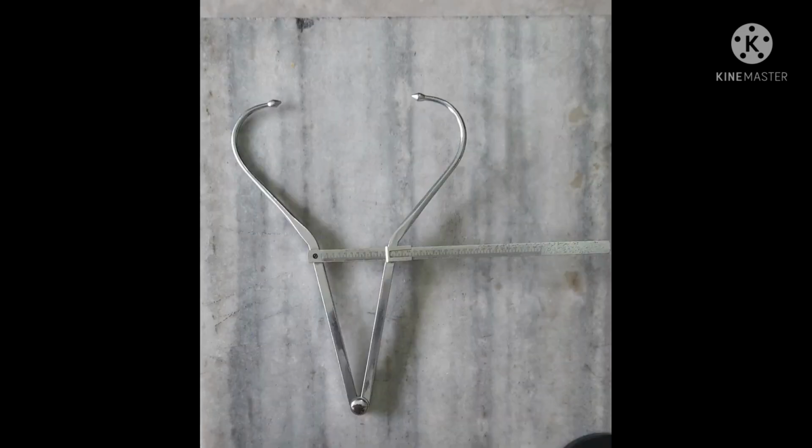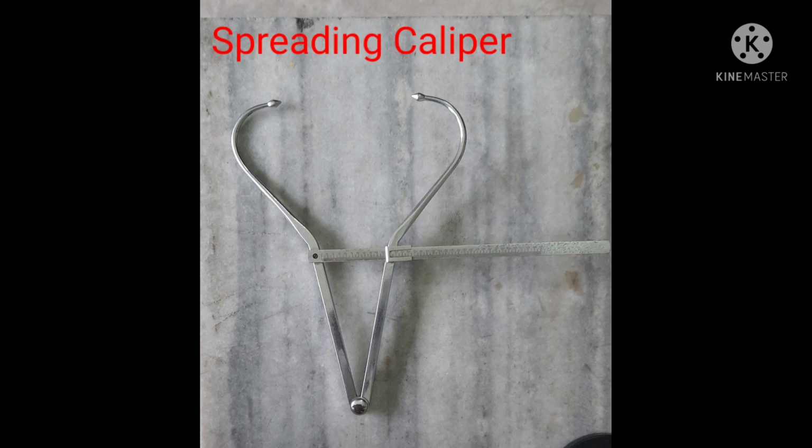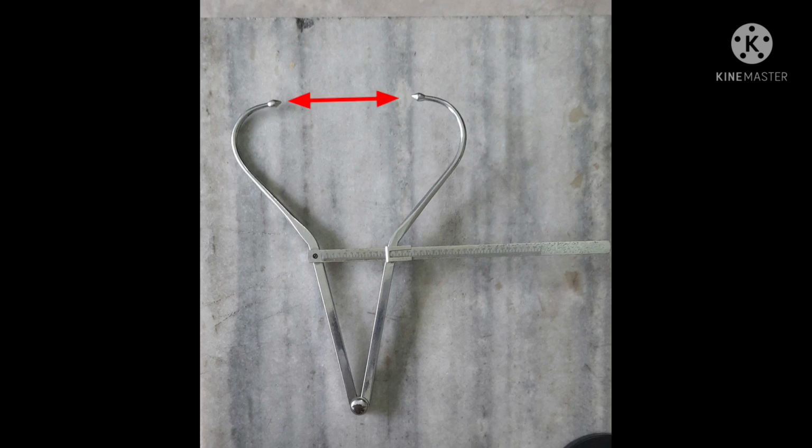The spreading calipers are made in two sizes. The first one is of 35 centimeters for taking the smaller measurements, and the other of 60 centimeters for taking measurements on pelvis, and hence it is also known as pelvimeter. It may further be noted that these spreading calipers of both the sizes are of two kinds, one with blunt or rounded edge and the other with sharp pointed edge.